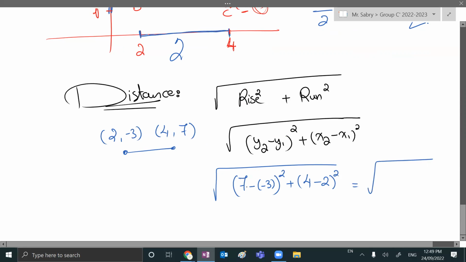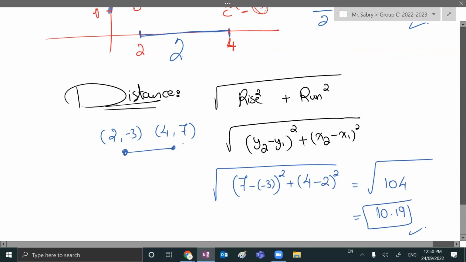Put this on a calculator, so this will become 100 plus 4. So root 104. I think the answer would come out as 10.19. This is the length from this point to that point.